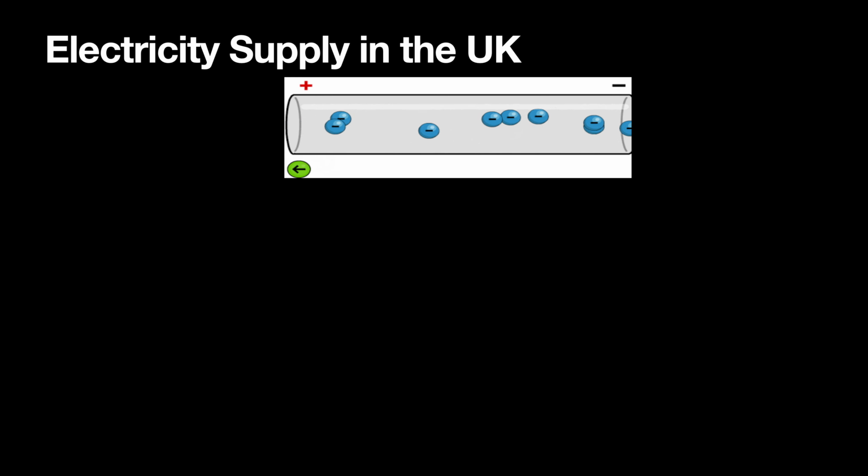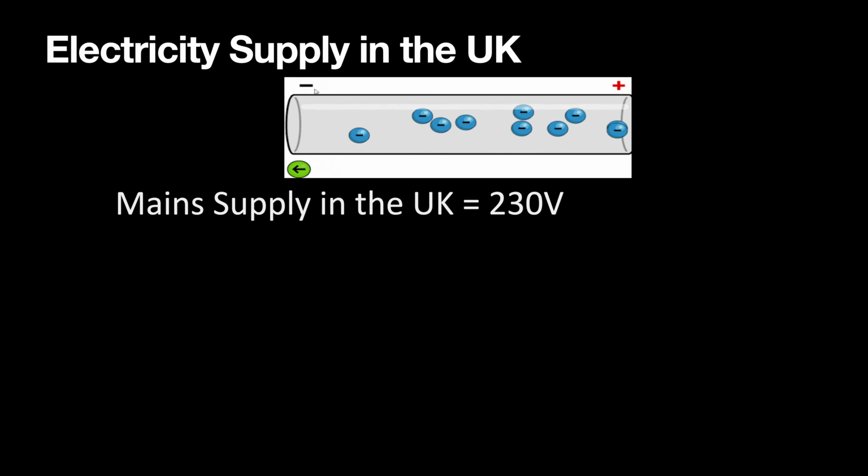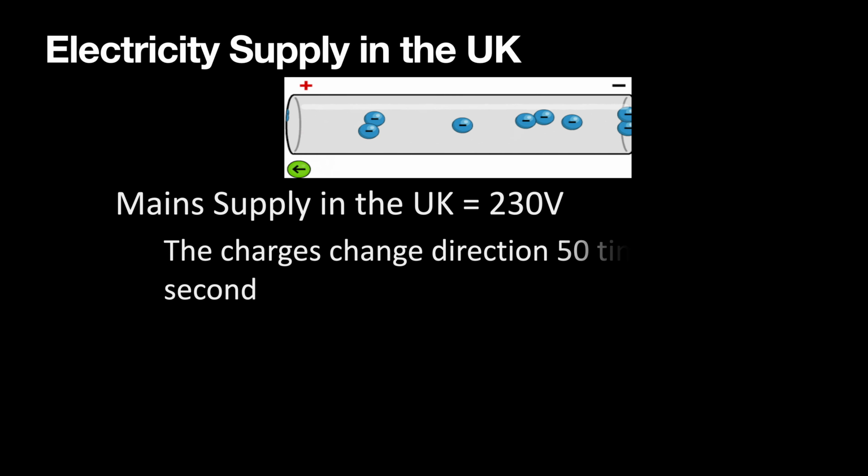This mains supply is at 230 volts, and if you looked at that flicker in detail, you would see that it happens 50 times per second. That's because the charges change direction 50 times per second.